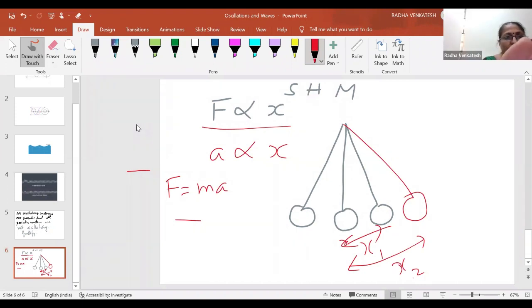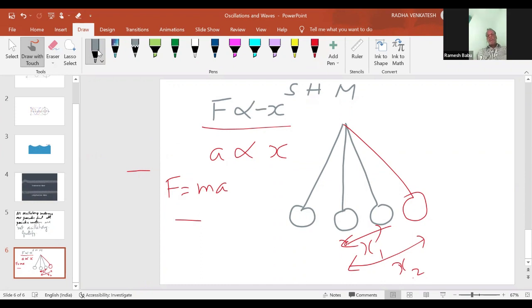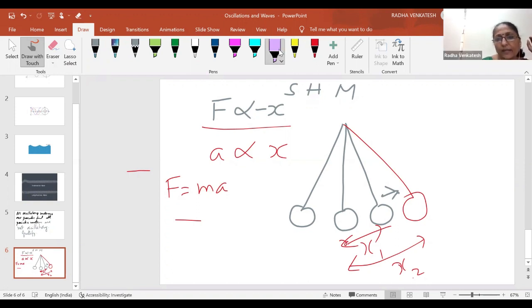Why minus x? Why does that minus come in? Displacement is in the opposite direction, ma'am. Exactly. Because when I am displacing it this way, and when I just leave it, it comes back in this direction. Will you agree? Which means whenever I cause the displacement in one direction, there is a restoring force in the opposite direction.